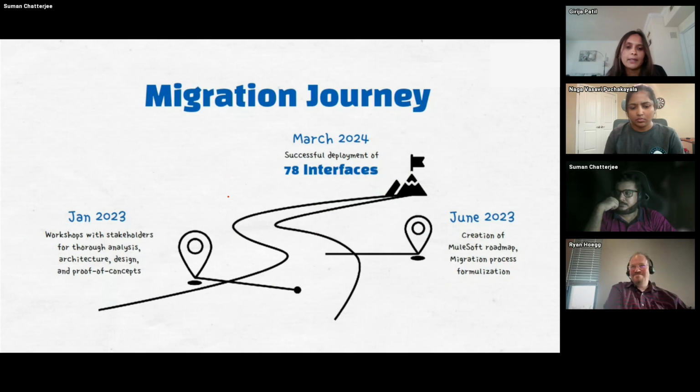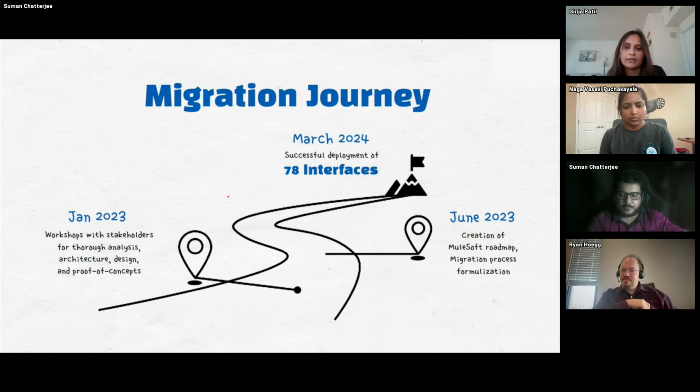Within a span of 8 to 9 months, by March 2024, we had about 78 interfaces successfully deployed and running in production. That included a mix of simple, medium, and complex APIs. Alongside, we also built a lot of reusable utility tools and common frameworks for logging and error handling, as well as setting up the CI/CD. These were all part of automations.